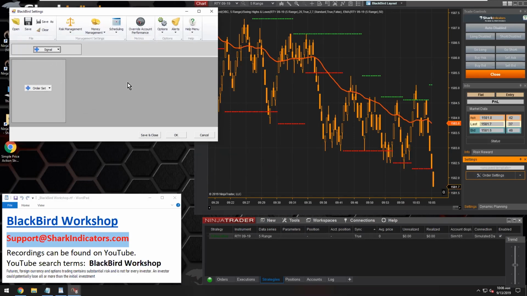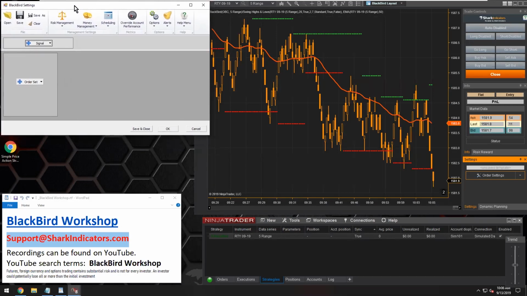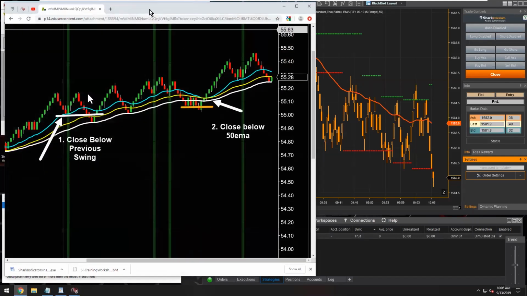All right, so let me get BlackBird open here. For creating exit signals, basically to flatten a trade. Actually, let me back up here. I would first suggest that if you want to flatten a trade here, and let's get this open too.